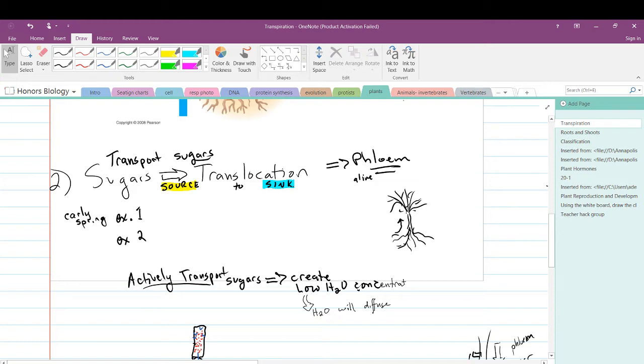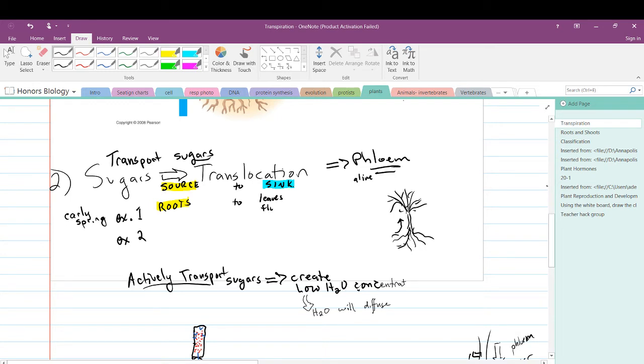Now, there are a couple of examples just to get you thinking about how sugars can move. The one example we talked about in class, early spring, is where the source would be the roots of the tree or plant, and then what the plant is going to do is move those sugars to the parts of the tree that need that energy. So, for instance, this could be to make newly developed leaves.